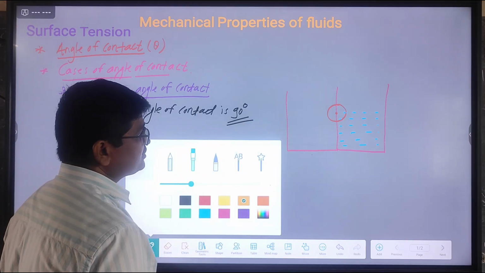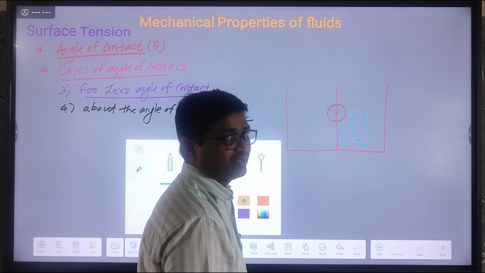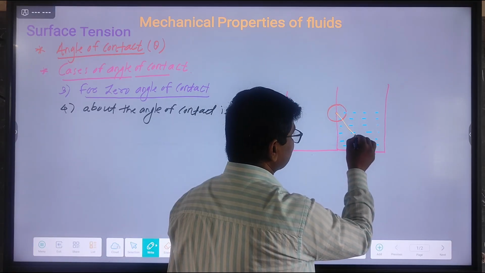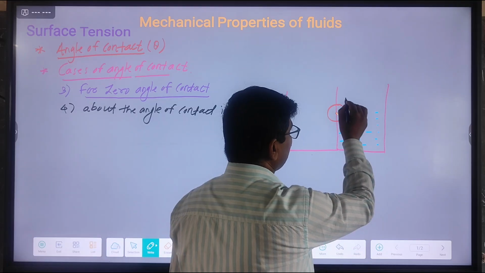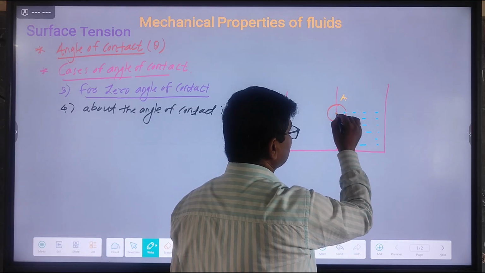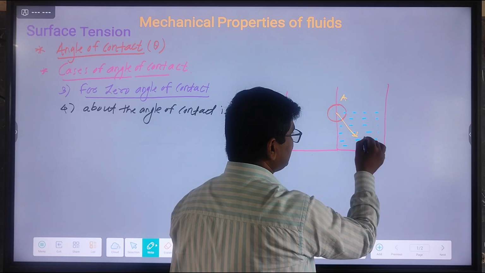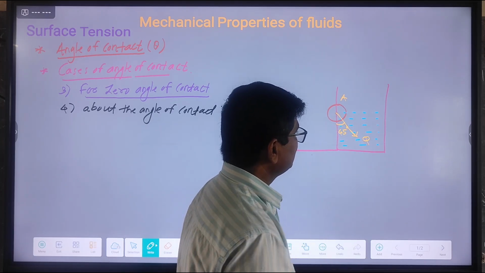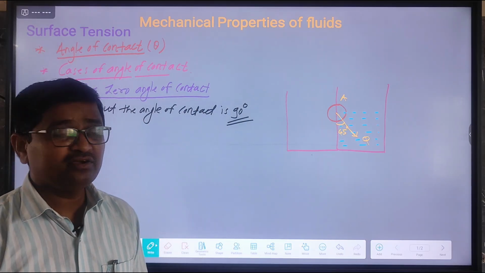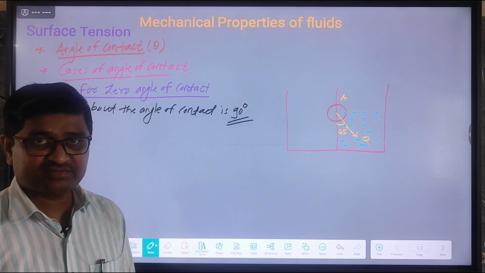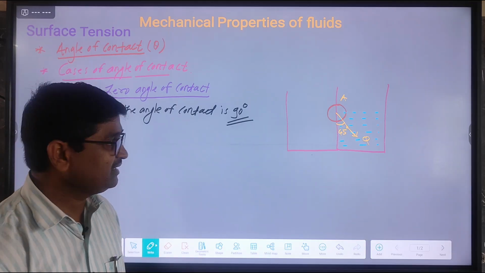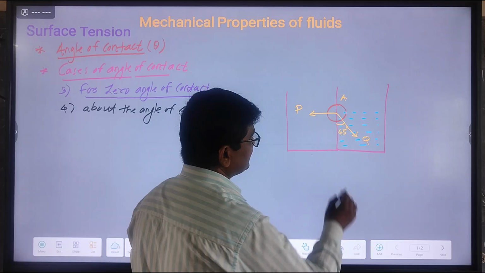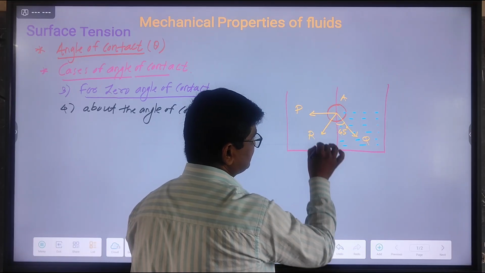When the solid is in contact with hypothetical liquid, the cohesive force between the molecule A, the cohesive force AQ, is exactly 45 degree with the surface, with the point of contact. Definitely they experience the adhesive force AP. So this is the resultant force AR.